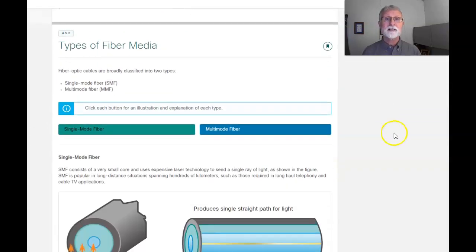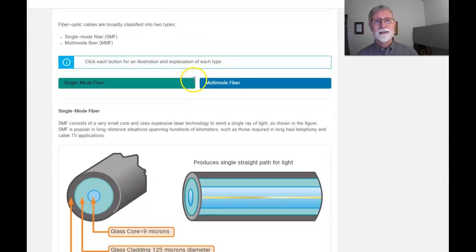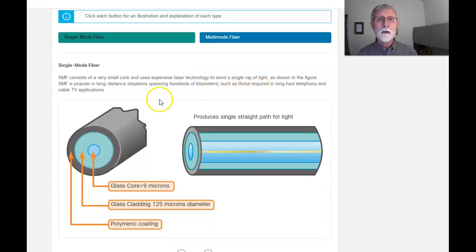Now, there are two basic types of fiber. There is a single mode fiber and a multi-mode fiber. Now, your single mode fiber basically consists of a very small core, and the laser will send a single ray of light down this core.